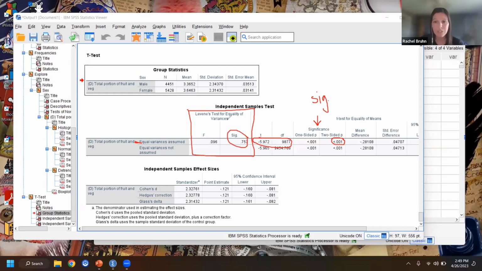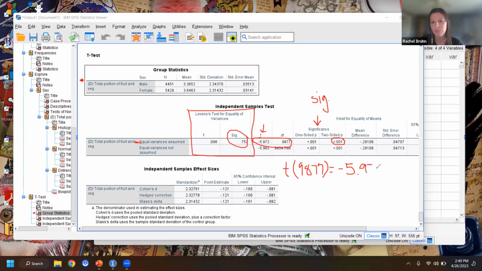So I need to pull these values. So when I report my results, I would have my T with my degrees of freedom in parentheses equals, and then that T value, so negative 5.972.